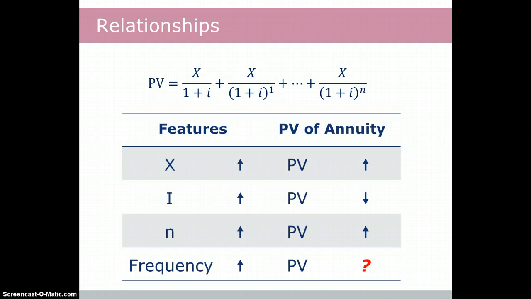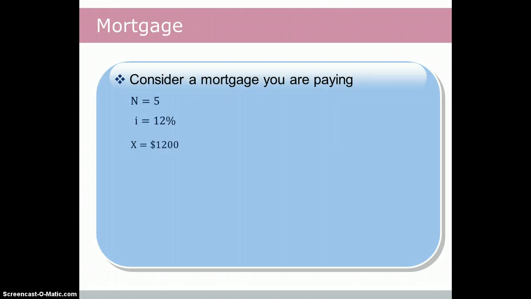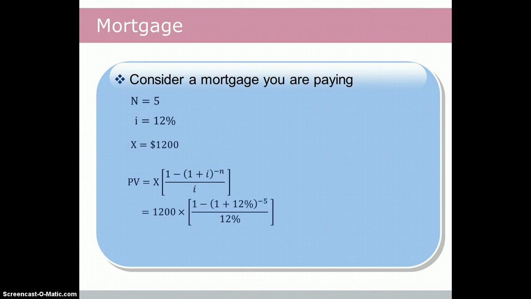So, how about frequency? $7 a week or $1 per day, which one do you prefer? Consider the mortgage you're paying. If it is paid yearly, then for the 5-year mortgage, each payment equals $1,200. The interest rate is 12%. PV equals 43.26.